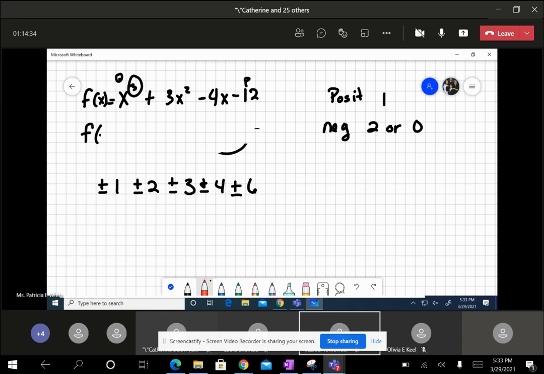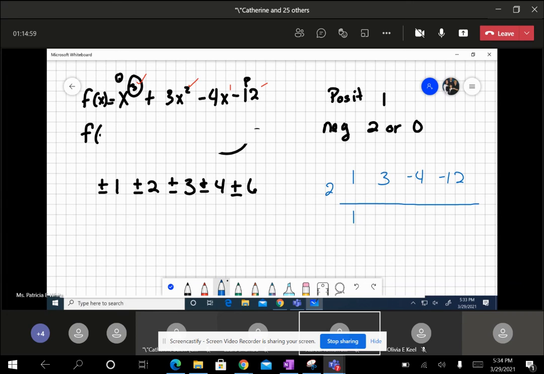Remember to check your exponents, 3, 2, 1, and 0. Make sure you don't have any gaps that you need to fill in. So my coefficients are 1, 3, -4, -12. I'm dividing by a 2.